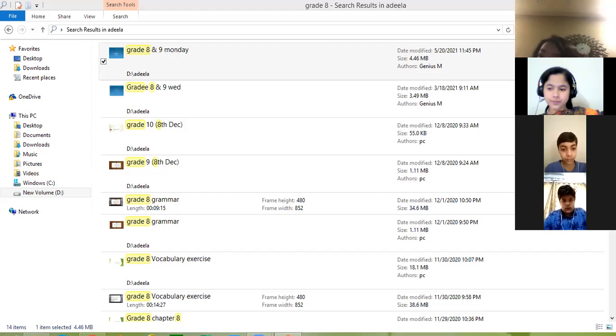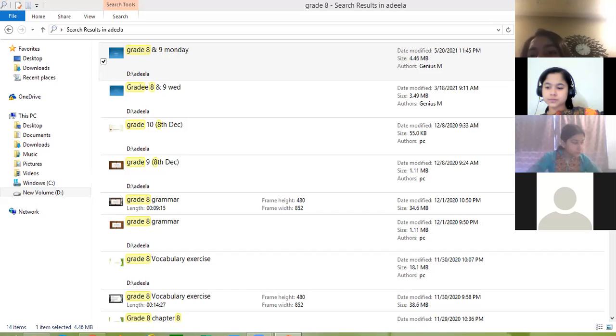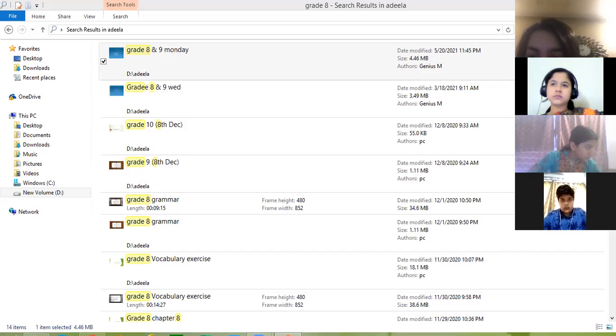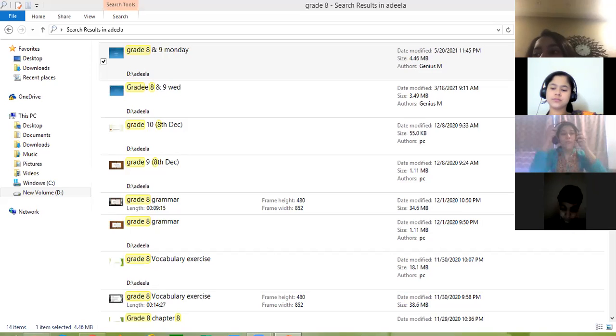What is the purpose of using pronouns? The purpose of using pronouns is to avoid repetition, so that it shouldn't be repeated again and again. For example, if we say, Mary is tired, Mary wants to sleep, I want Mary to dance with me, the word Mary will be repeated again and again, and it will create a repetition.